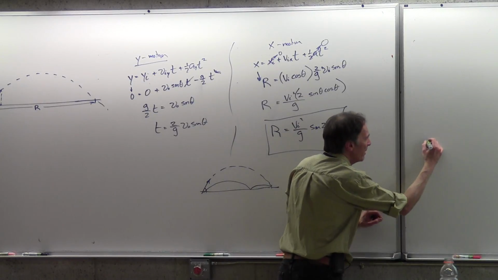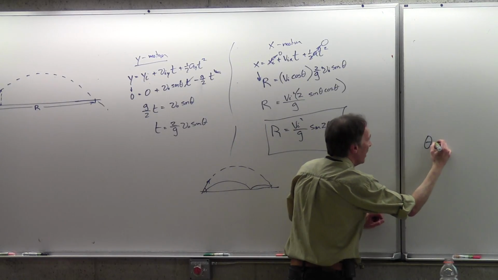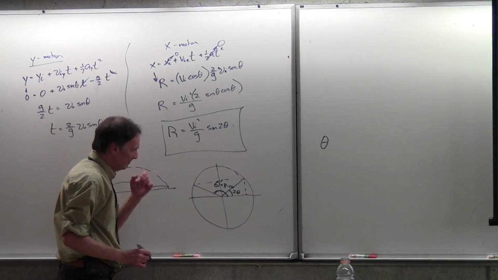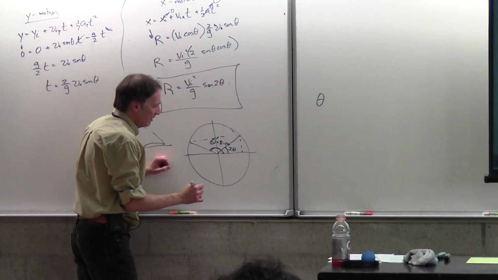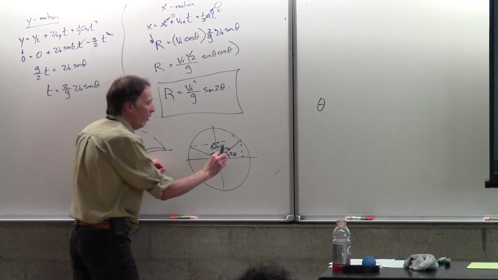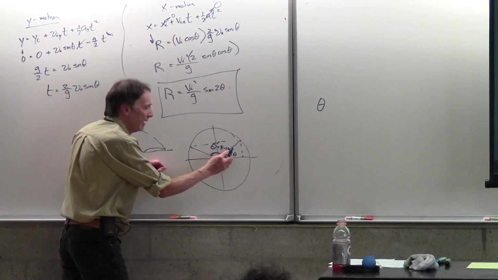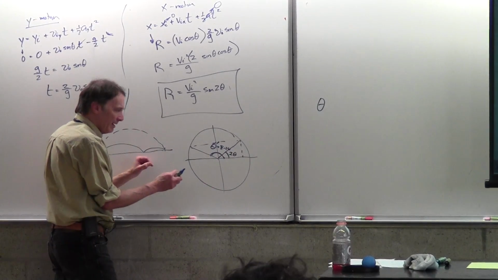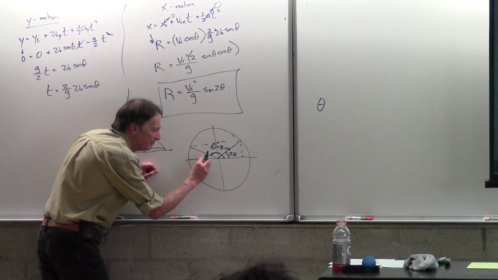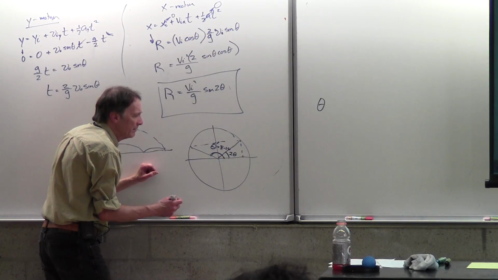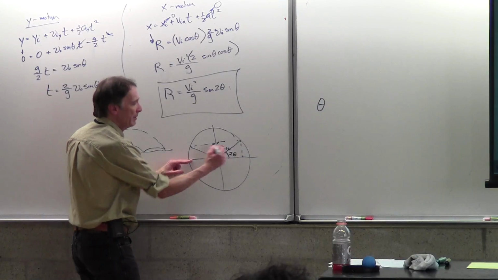Two answers, theta, or, how to write this? Okay, we have two answers. We have 2 theta. We also have pi minus 2 theta. That's going to give you another angle that, well, the sum of those have to be pi.